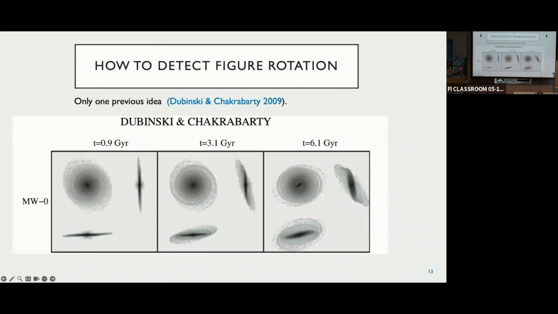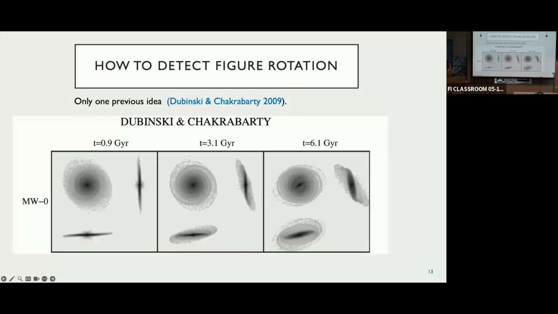They took cosmological simulations and calculated the torques from both the large scale structure as well as from the figure rotation of the halos. They didn't actually put disks in a full cosmological simulation, but they imposed those torques on n-body disks and found that you have fairly long-lived warps produced.